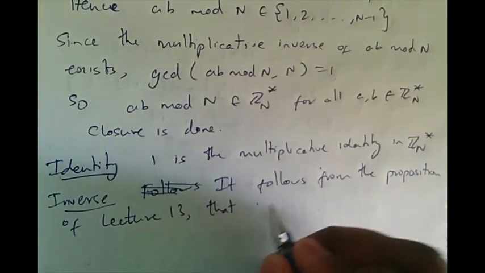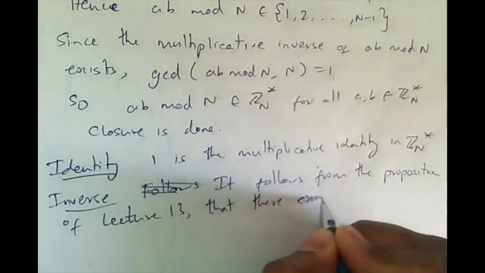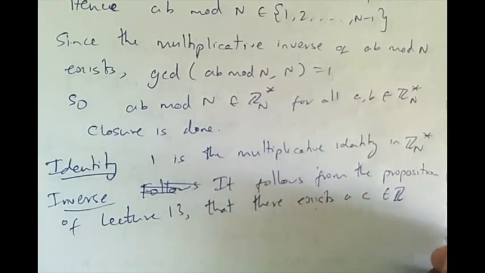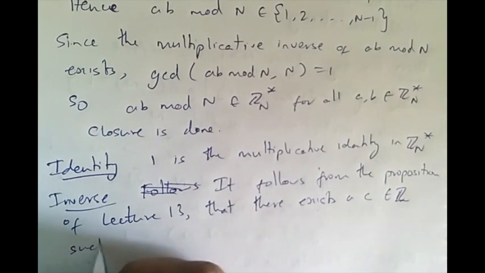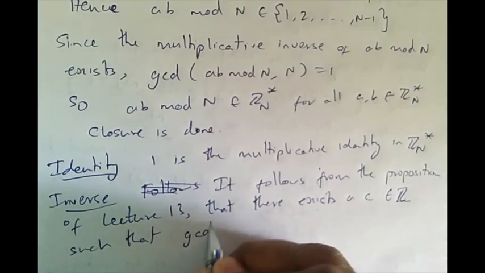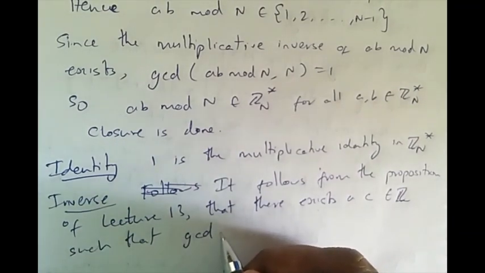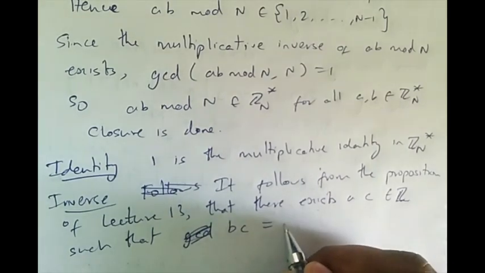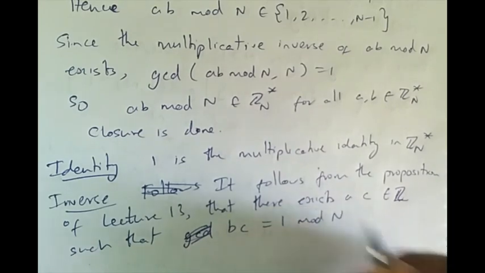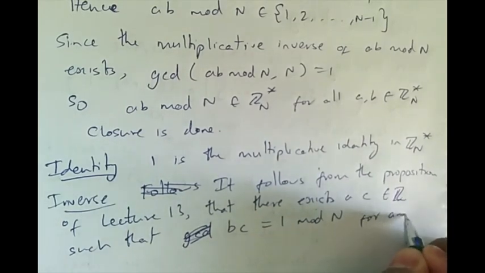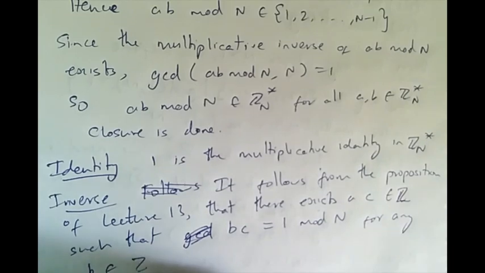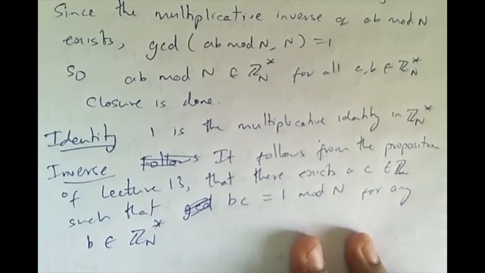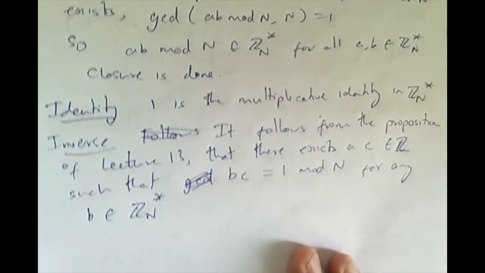There exists a C in Z, not Zn star yet, such that B times C equals 1 mod n for any B in Zn star.